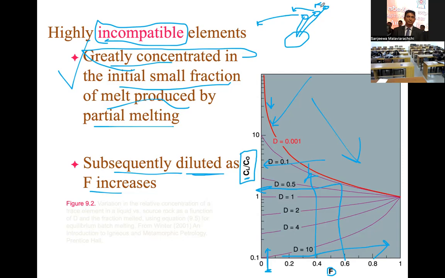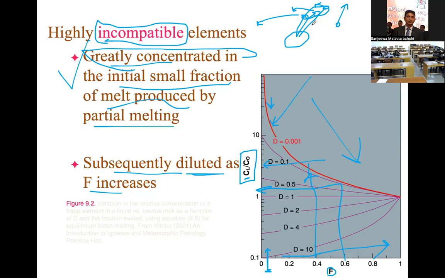If you take this melt as a batch overall, you will see a kind of average composition of this incompatible element after the melting process. But if this melt is immediately taken away after melting, then your melt will carry a very high amount of incompatible element.